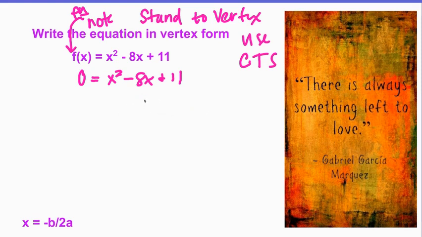So to get to that, I need to get rid of the 11. And in math, we don't just get rid of things, but we can use algebra to move things to other sides. So right now I have negative 11 equals x squared minus 8x. And I'm going to put that blank here. Just like when I subtracted 11 to get rid of it and I had to put it on the other side, whatever blank I put on the right side, I have to put on the left side.